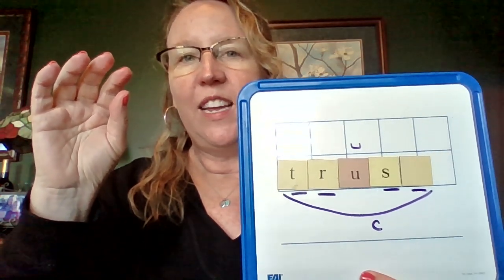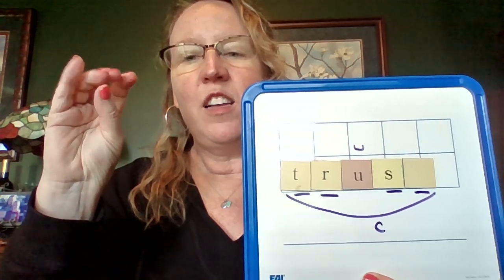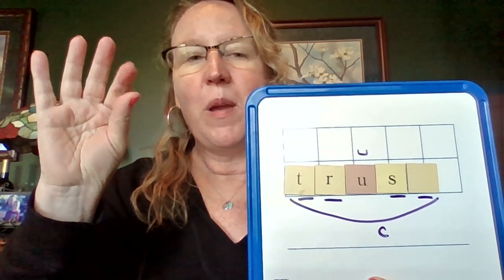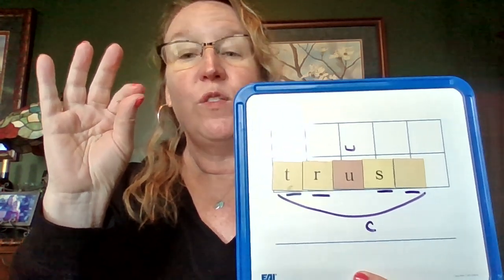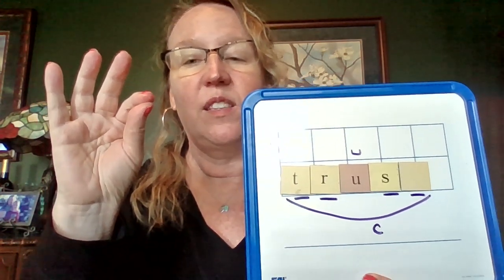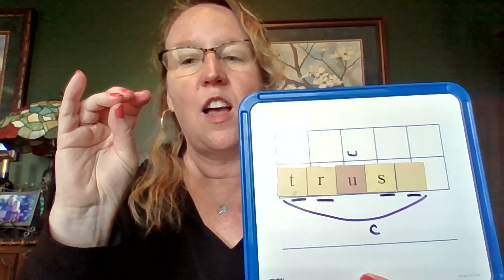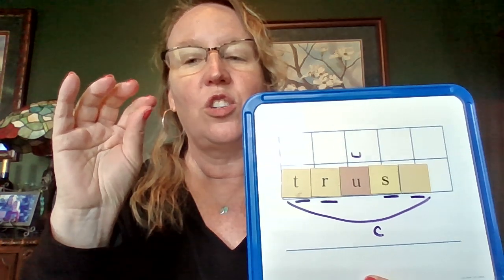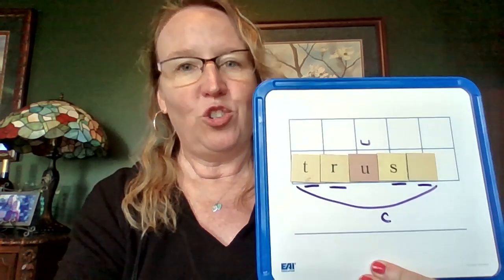We're going to start at the beginning and we're going to tap it out. And then we'll come back over here to the beginning, first letter here, first finger to do that last fifth sound, okay? Let's tap it again. Trust, trust, trust, trust.